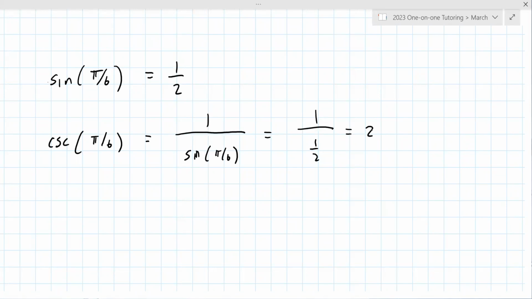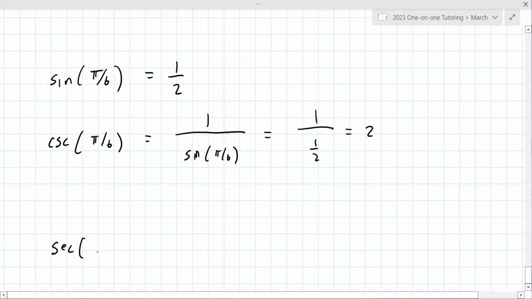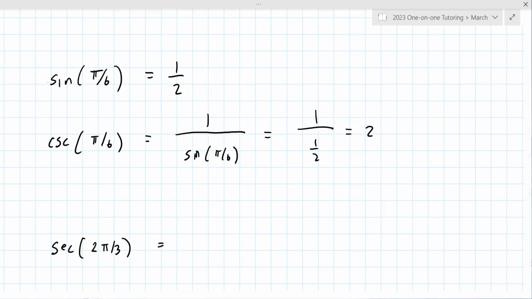All right, so if you think you've got that down, give me the secant of 2 pi over 3. So that would be -2. Yes, -2, very good.